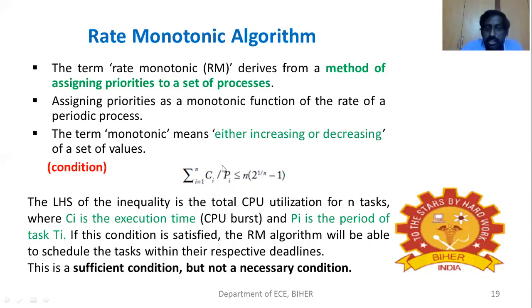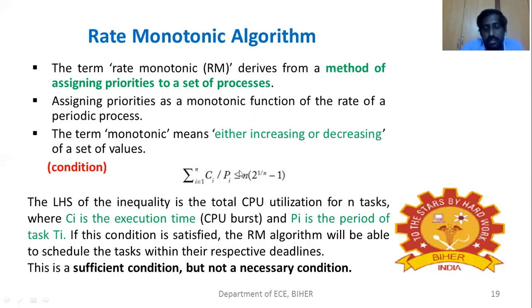So it gives information about both things: the period required to complete the task, and the CPU burst time. If the condition is satisfied, the RM algorithm will be able to schedule the tasks within their respective deadlines. Here n is the total number of tasks.